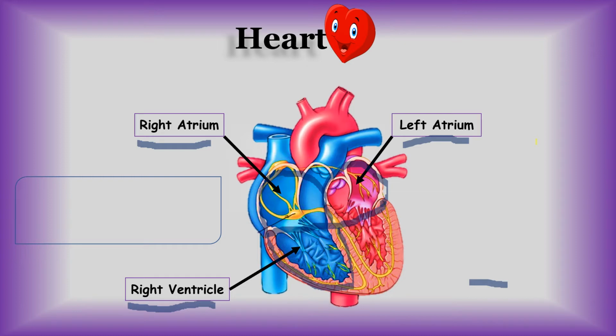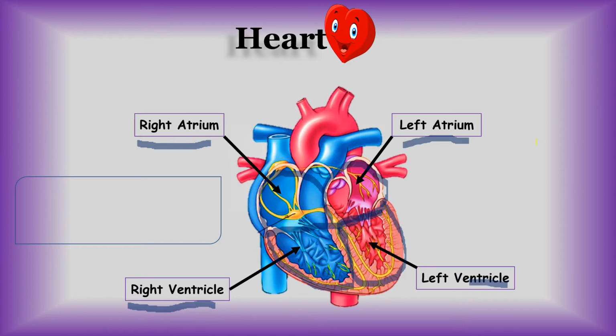Now, come to the lower left side. What is the job of this chamber? To receive blood from the left atrium. And what do we call this lower left chamber, children?